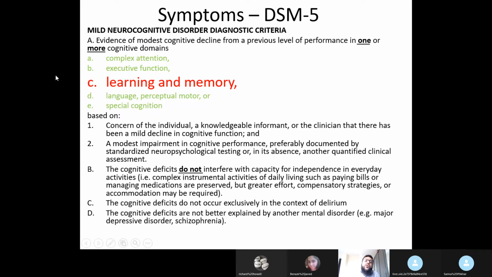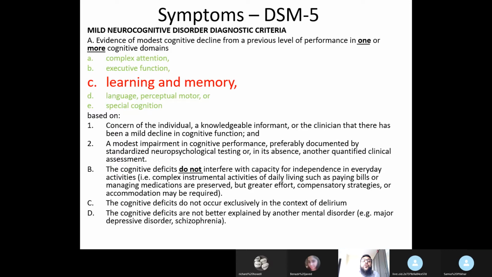So here we see only a deficit in learning and memory. Usually attention and concentration, like the working memory, should also be impaired in mild or major neurocognitive disorder, meaning mild cognitive impairment or dementia. You should see some kind of attention deficit.